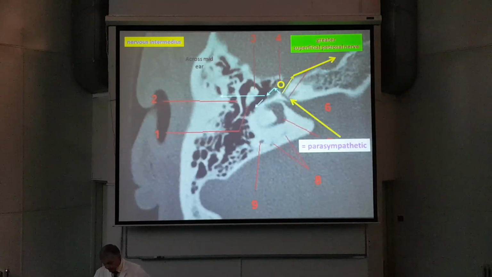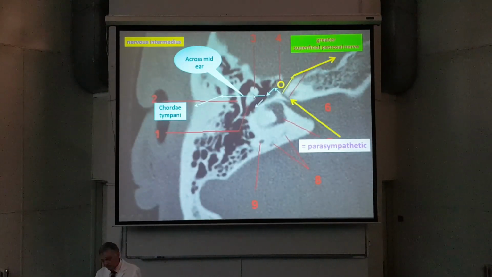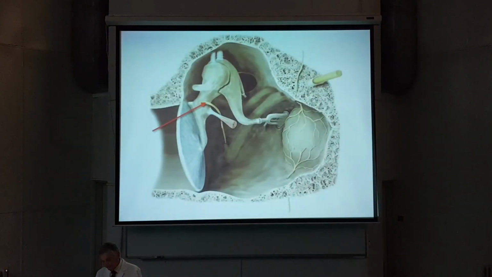Now, when chorda tympani runs in the middle ear, you have to ask and treat middle ear infection very, very well. Otherwise, facial canal and the chorda tympani will be damaged. This is a view of the middle ear. Here is the facial nerve coming into a canal on the medial wall of the middle ear, and we have seen CT scan of this canal.